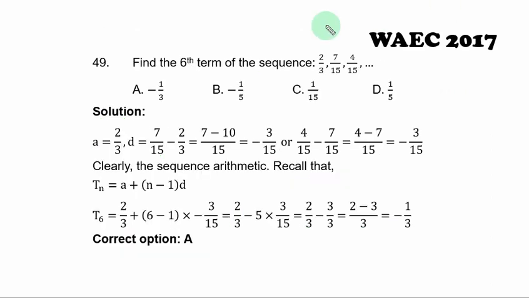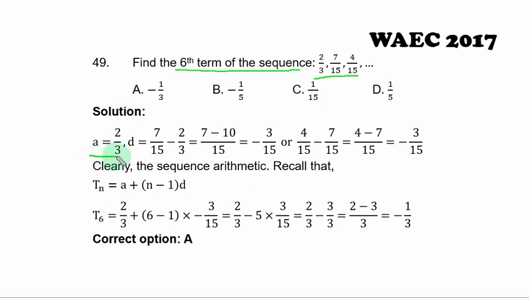Example 49. Find the 6th term of the sequence 2/3, 7/15, 4/15, and so on. We use the nth term, but let's find out if this sequence is an AP or a GP. The first term remains the same.